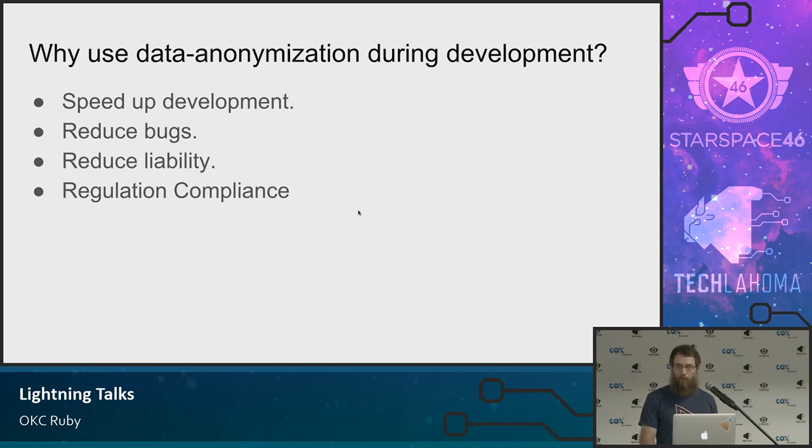Also, it can help reduce bugs because if you're mocking data, you're usually having to make assumptions about the structure and types of data that you're going to see. You can make some bad assumptions, develop with those assumptions, and now there are bugs.